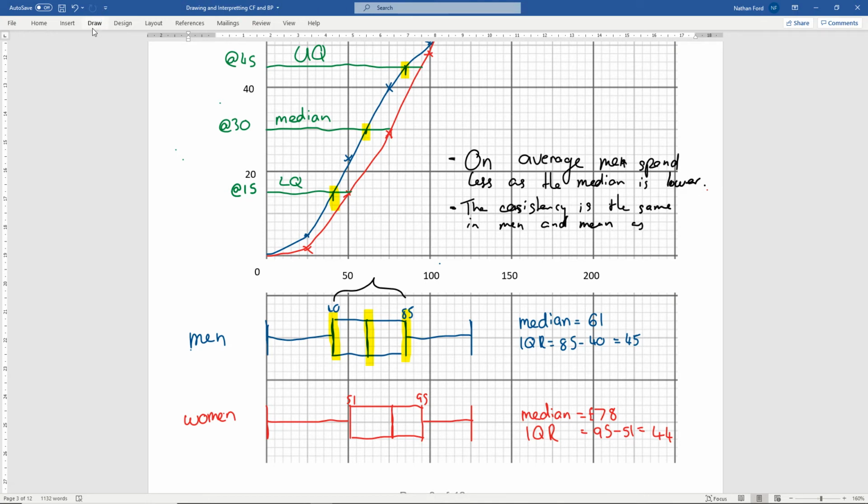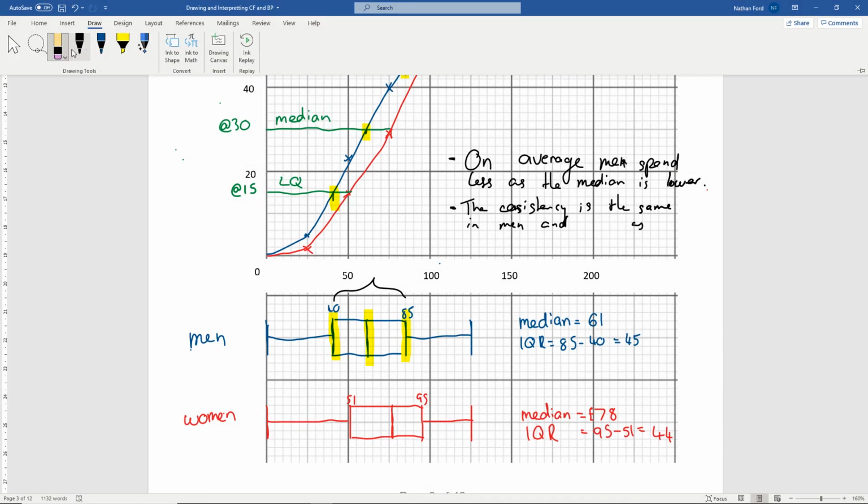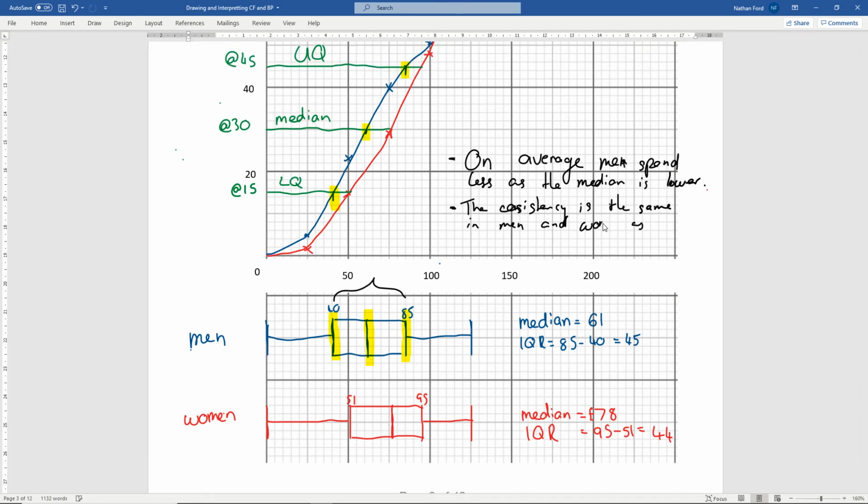I've just written men and mean because I'm thinking of range. So in men and women, as the IQR is the same. Now, it is a difference of one, but that can be a graphing mistake or a reading mistake. So I've actually just said they are similar or the same because there's not much difference.